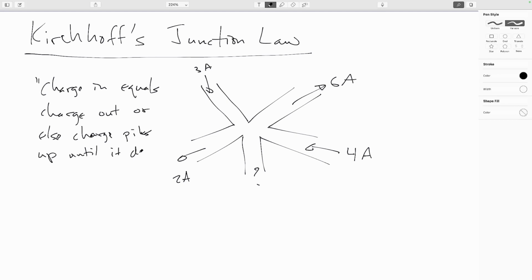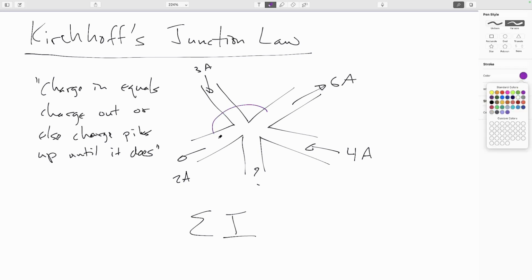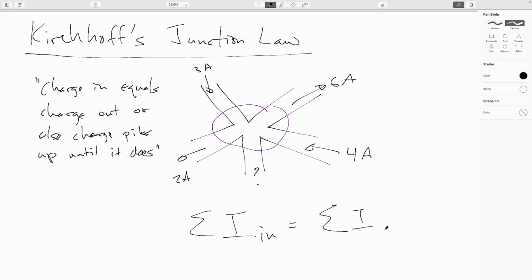So what this means is, in steady state, if I add up all the currents flowing into some junction, like for instance this junction right here, the sum of all the currents flowing into it has to equal the sum of all the currents flowing out of it.